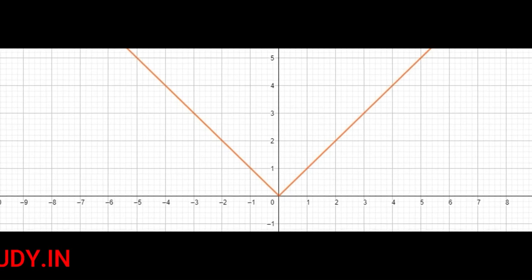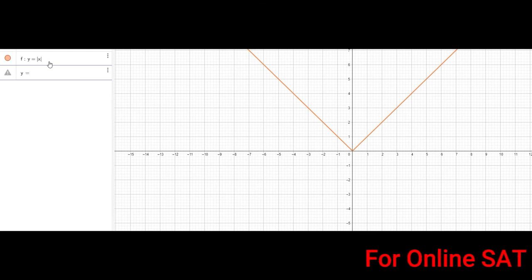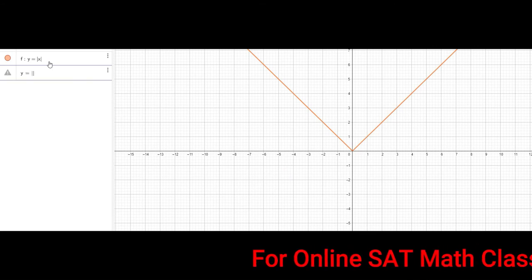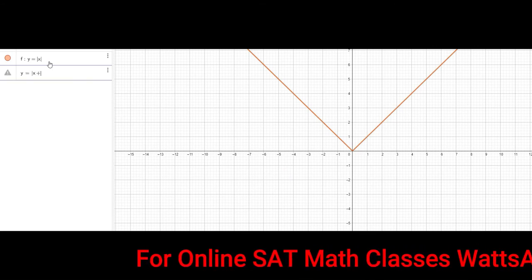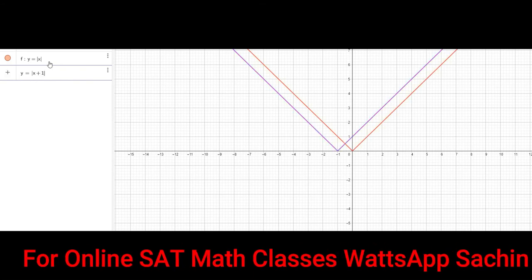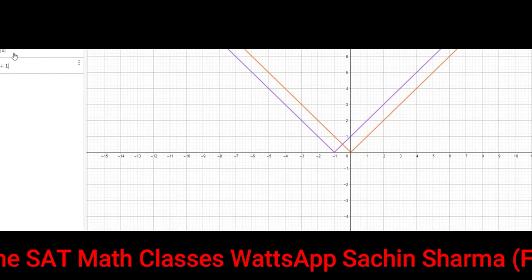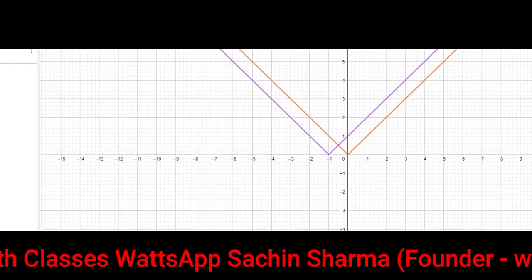Now let us draw another graph here, y equals to mod of x plus 1, right? So y is equal to x plus 1 is in mod, both terms are in mod, right?